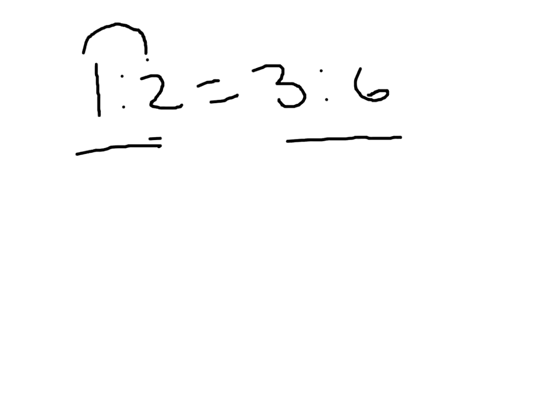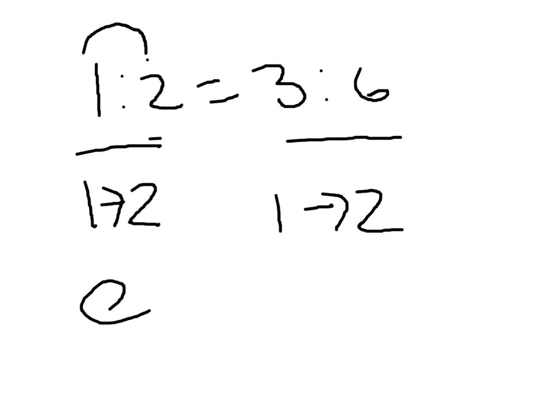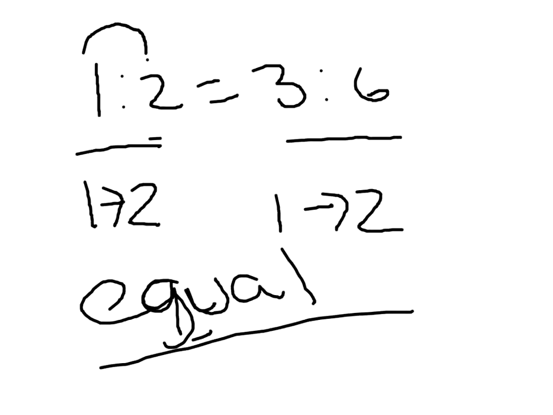So 1 is going into the number 2 times. Here we have 1 going into 2 again, because 3 goes into 6. How many times? 1 to 2. So these are equal proportions, and I just did a G instead of a Q. My bad.